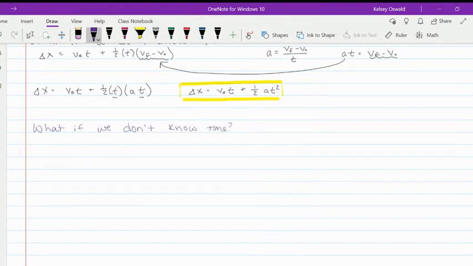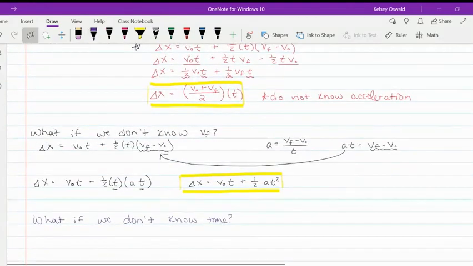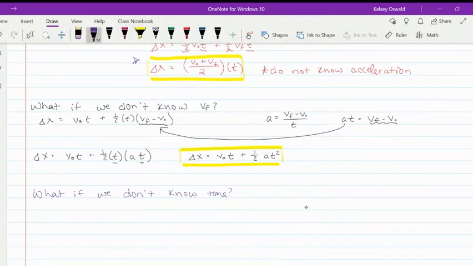Okay, so we are going to go back to this kinematic equation right here, where we had delta x, or our displacement, is equal to initial velocity plus final velocity divided by 2 times time. And we are going to combine that with another kinematic equation. Okay, we are also going to look at acceleration is equal to final velocity minus initial velocity over time.